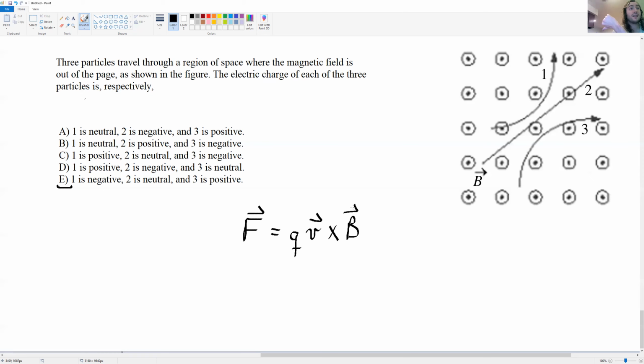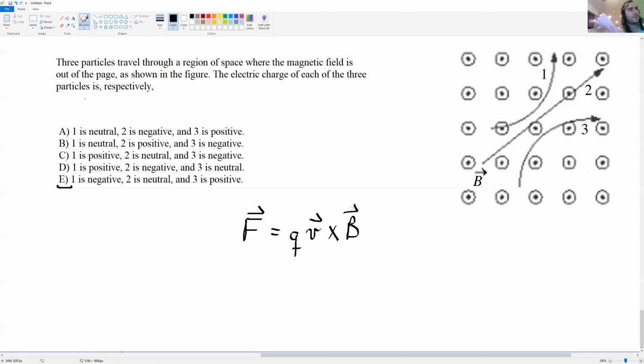So it must be an electron. So I must have to reverse the direction. It must be negatively charged. So particle 1 is negatively charged. Particle 2 experiences no force. That one must be neutral because it's not experiencing the magnetic field. Particle 3, let's see, fingers in the direction of velocity, curl my fingers out of the board, and the force is kind of down and to the right.